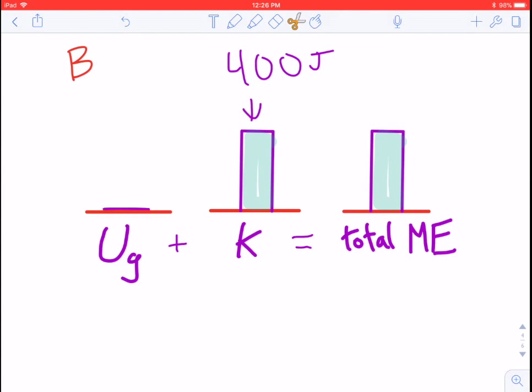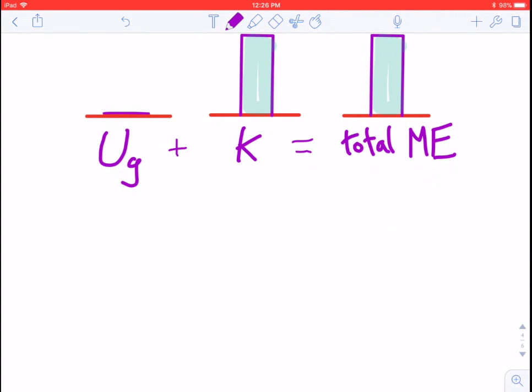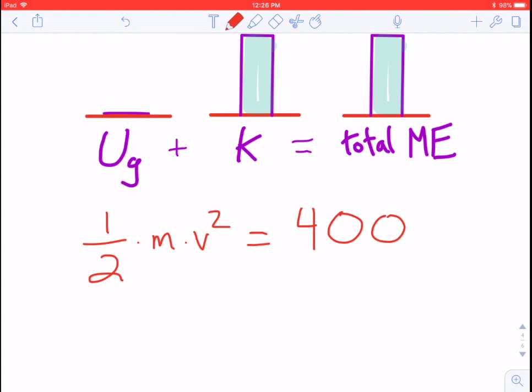Now remember, we have to calculate velocity, but we can do that super simply with a handy formula. Kinetic energy is 1/2 times the mass times the velocity squared, and we know its kinetic energy is 400 joules. So we're going to do some algebra. Multiply this side by 2, this cancels out.